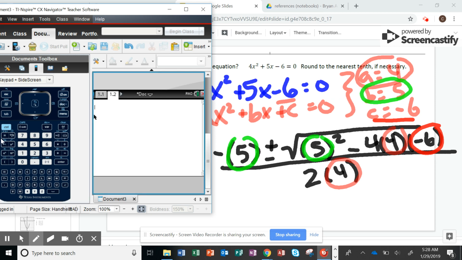So now again we have a fraction, so let's do control divide. Negative 5 plus square root. So again, I'm just typing in exactly as I have on my screen over here that you should have in your paper.